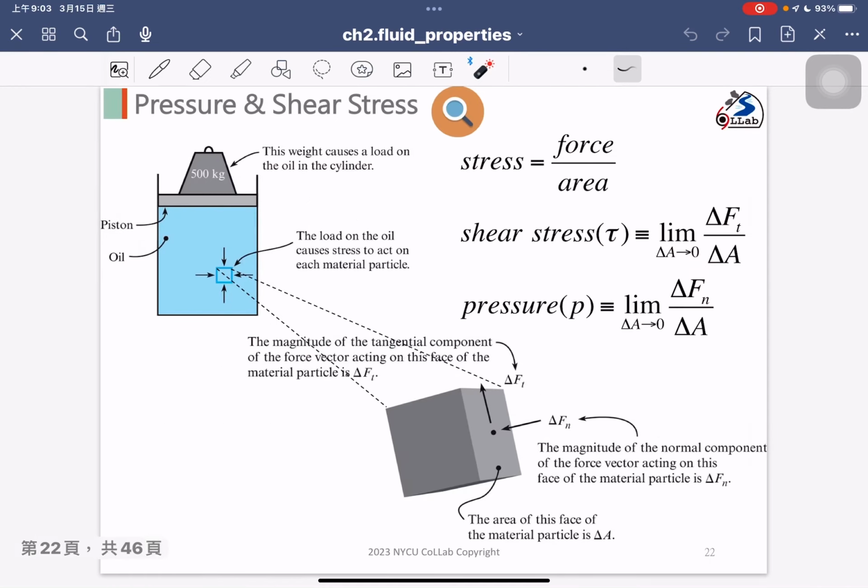So the slide defines stress as the ratio of the force to the associated area. In this textbook, we always use tau to represent the shear stress, and we use P for the pressure.